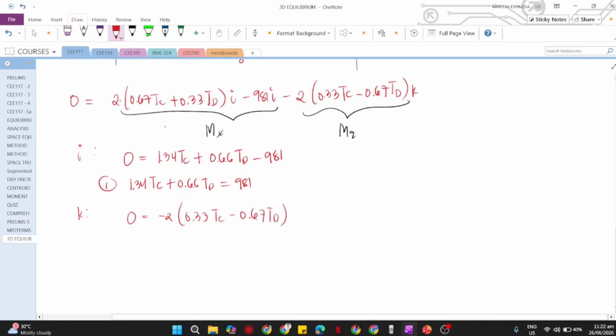Then we can just cross multiply. So itong negative 2, mamamultiply dito. So 0 divided negative 2, 0 pa rin yan. Then we have here 0.33 TC minus 0.67 TD. So itong 0, i-transfer ko lang dito. Okay? So we have our second equation. So we can use what? We have two equations and we have two unknowns. So we can use the Cramer's rule na lang for that one. No?